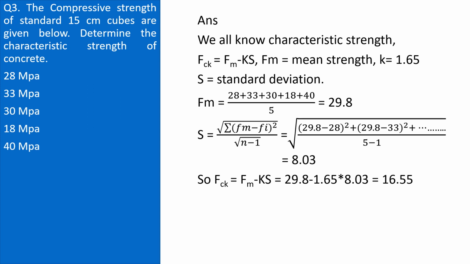Then S, the standard deviation. We can find this equation from statistics. So standard deviation is root of the sum of Fm minus Fi whole square divided by n minus 1. So the answer is 8.03. Finally, FCK is equal to Fm minus Ks. It is 16.55.